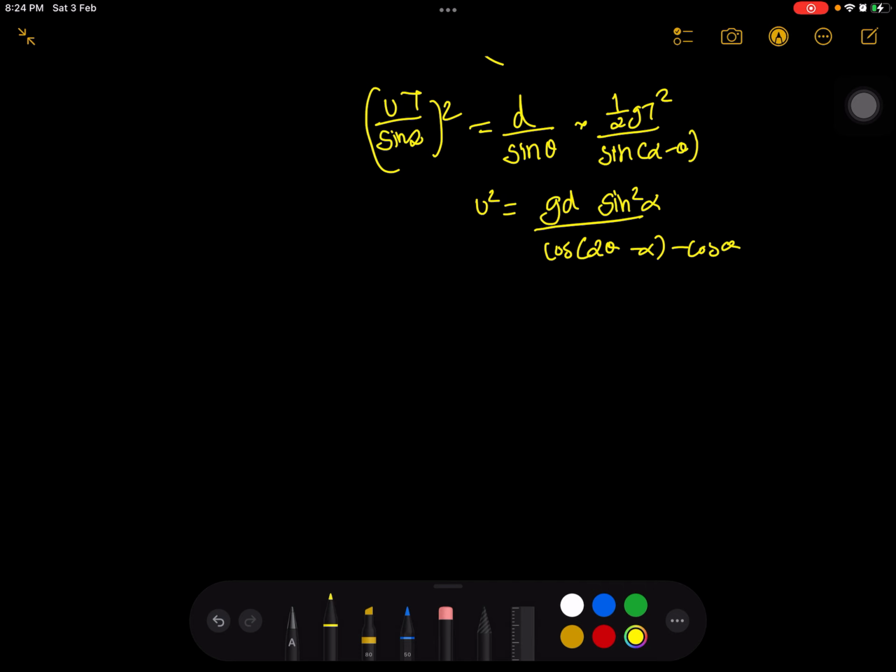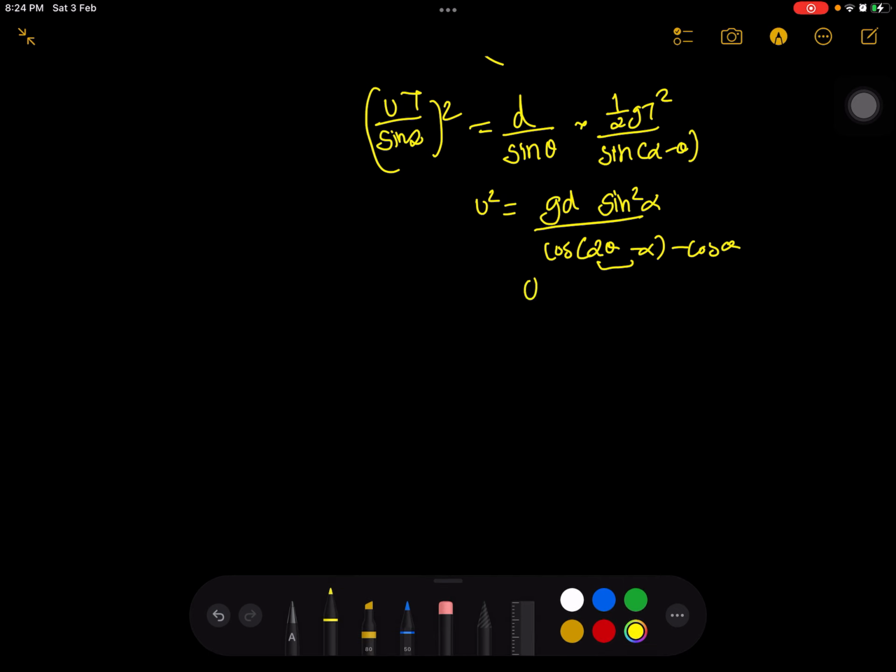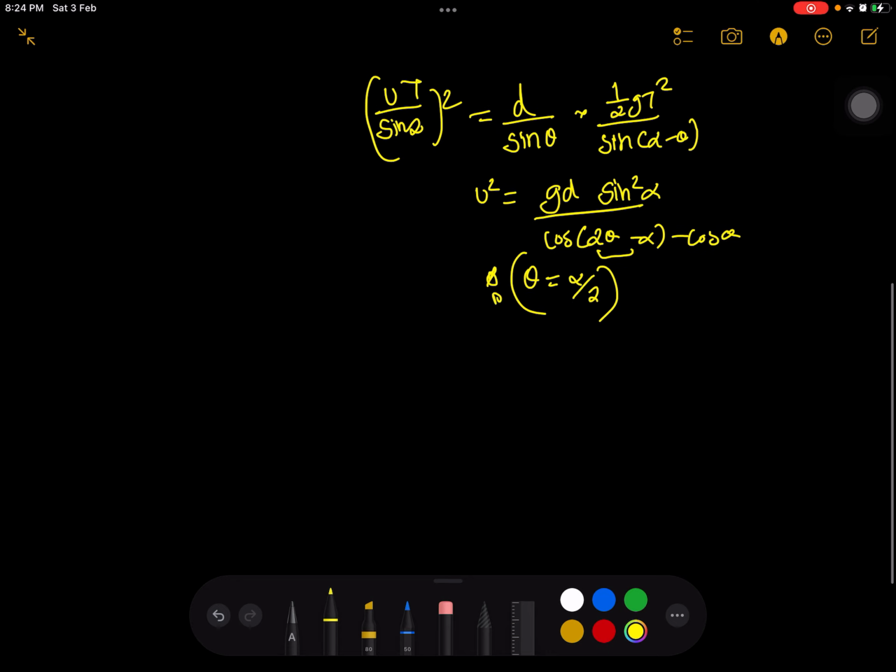Now for minimum, as you can see from here, we write theta equal to alpha by 2. As you can say, it's an angle bisector. So this is a very important case.